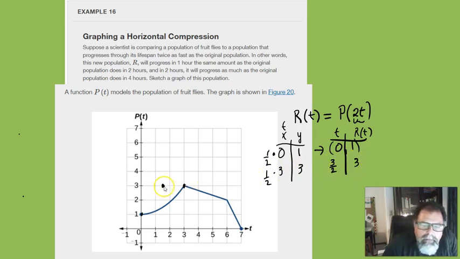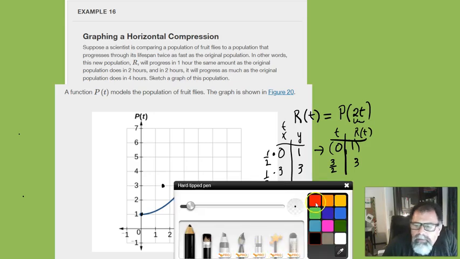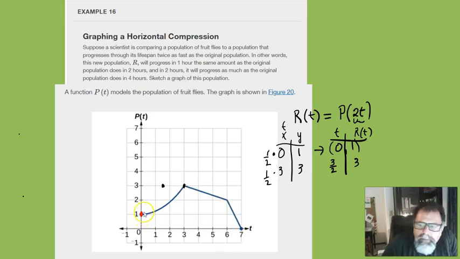So it goes to here. Let me do this in red again. So 0, 0 stays, 0, 1 stays put. 3, 3 gets pushed, compressed horizontally. And then this one, 6, 3, times this by 1/2. No, that's 6, 2, sorry. So that'll be 3, 2.